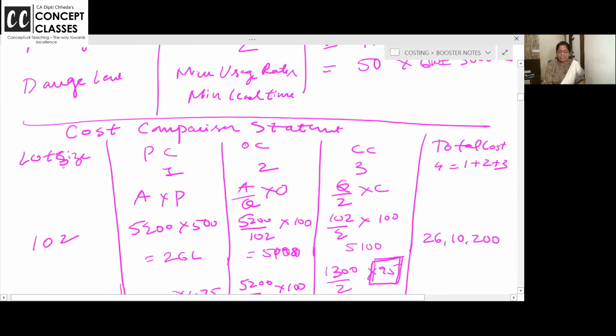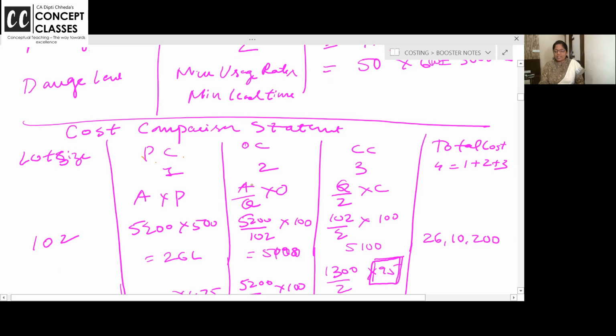In exam, if they ask you lot size problem, I put lot of energy in explanation. So I'm writing PCOC, write purchase cost. In purchase cost students make mistakes: annual units into the purchase price. This is lot size, 1 or 2 units. But 5,200 units you have to purchase at the rate of 500. Yes. So this is your purchase cost.